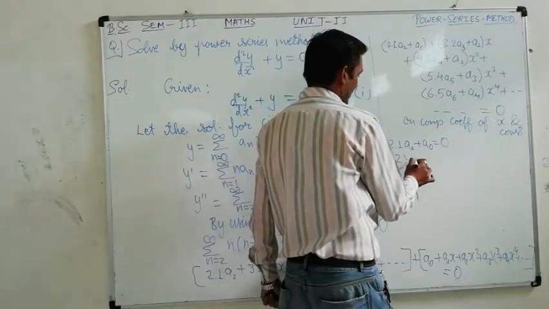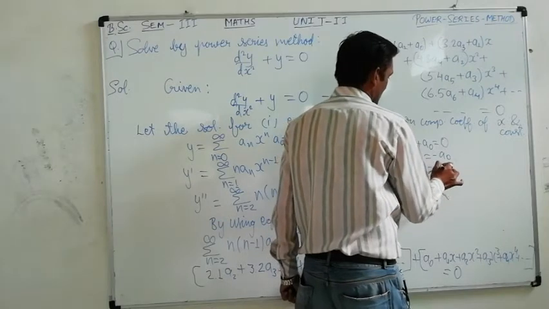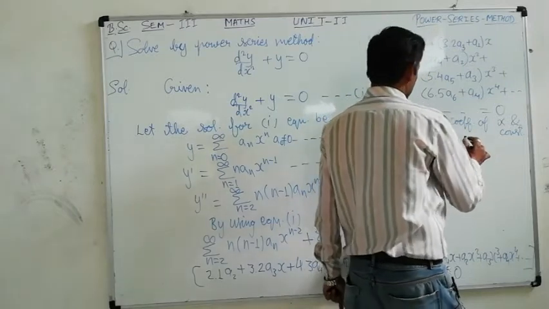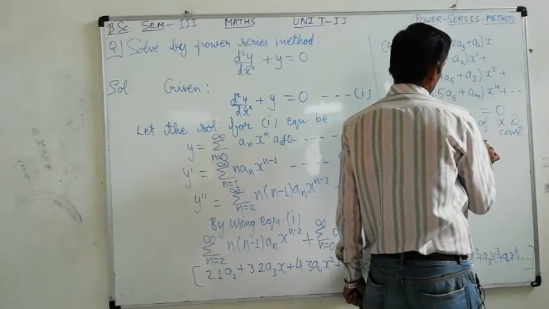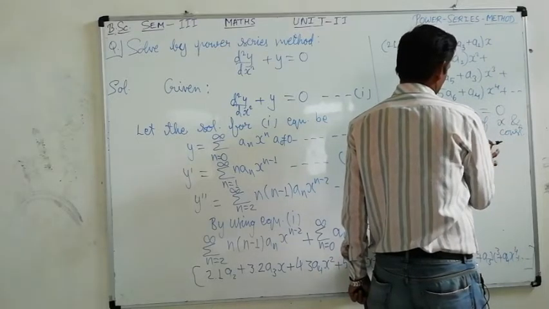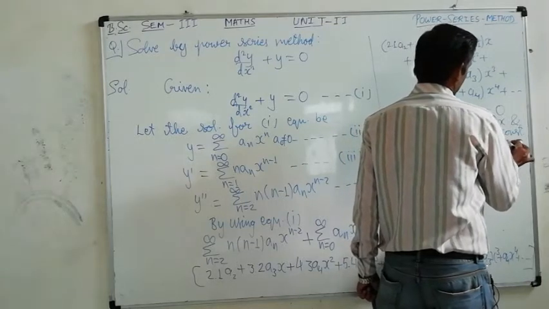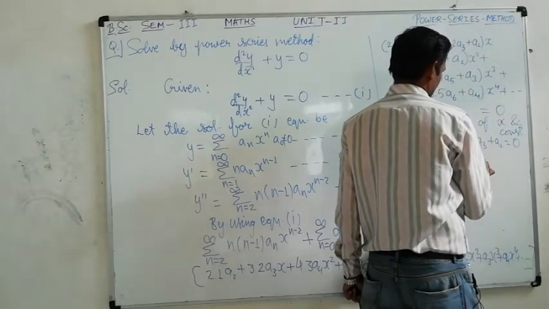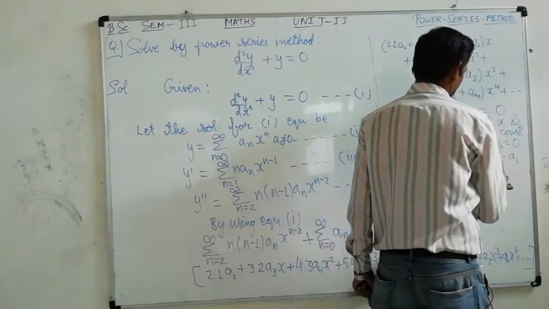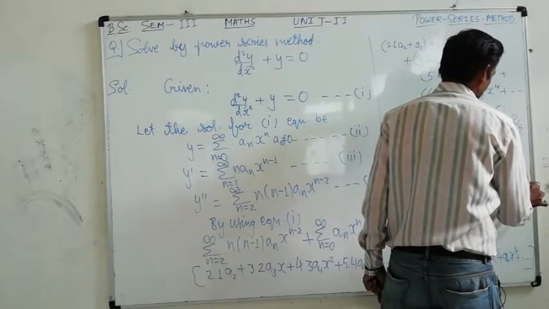So, 2 factorial a2 is equal to minus a0, or a2 is equal to minus a0 upon 2 factorial. Similarly, 3 into 2 a3 plus a1 is equal to 0, means 3 factorial a3 is equal to minus a1, or a3 is equal to minus a1 upon 3 factorial.